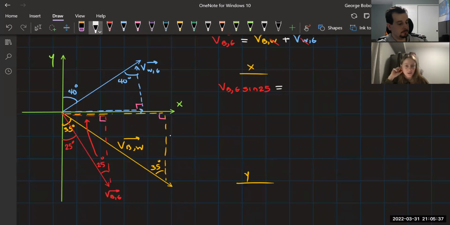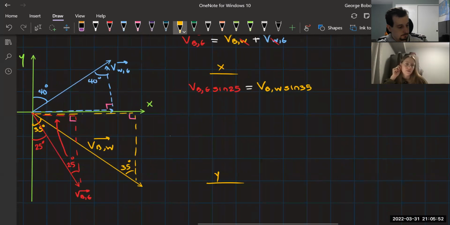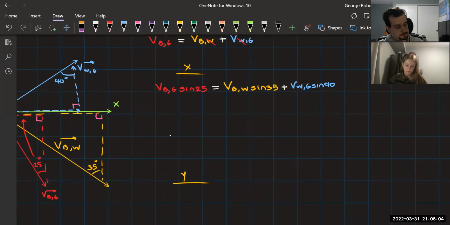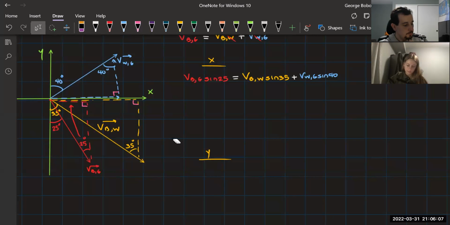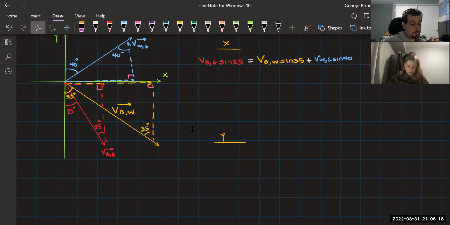And then VBW sine 35, sorry, not 25. And VWG sine 40 plus. Okay, so VWG sine 40. Let me check them. That's good, and the others are good too. Okay, and they're all positive because they're all pointing again to the right. All of these components are pointing to the right. If not, they would have been negative. So pay close attention to what I just said. If not, they would be negative.